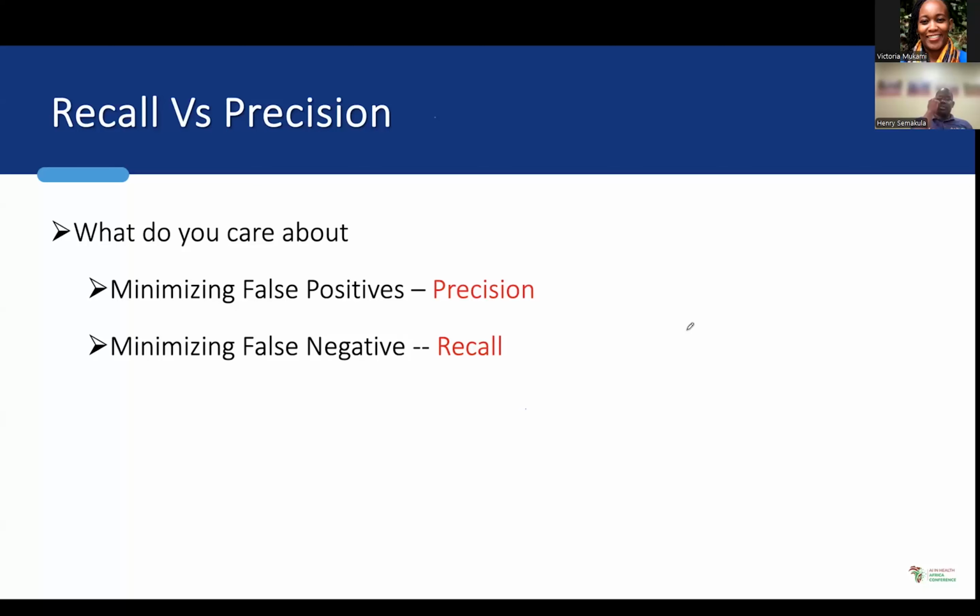Because remember, false positives are wrongly predicted to be positive, but in actual sense, they are negative. So your major goal with precision is to always try to minimize the false positive values. And on the other side, with recall, you should always try to minimize the false negatives.